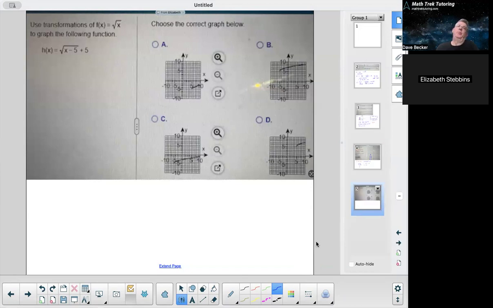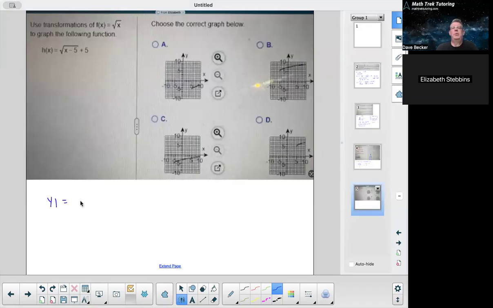Put it in your calculator. Graph it in your calculator. So you're going to hit the y equals button, and then do you see your square root button above the square button? Yes. Okay, so I think it's y1 or something.